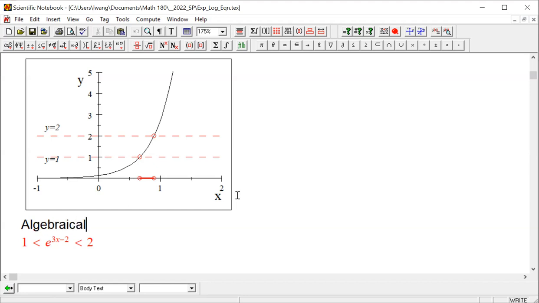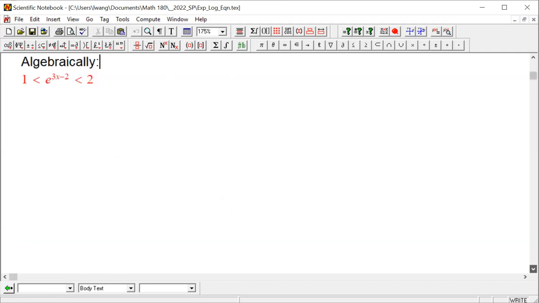Algebraically, because the exponential function is an increasing function, and this is very important, when we take ln on all sides, ln is also an increasing function, and so this is going to be true.